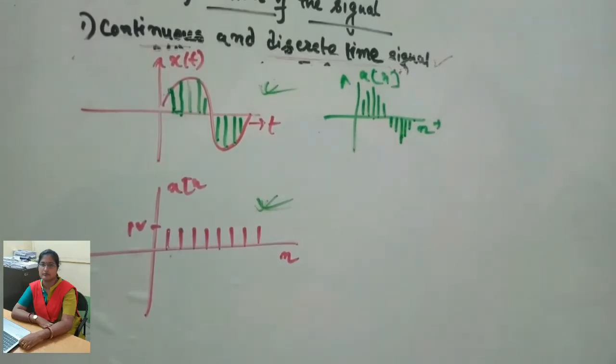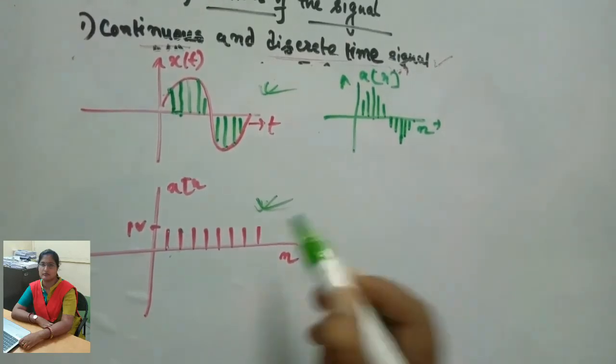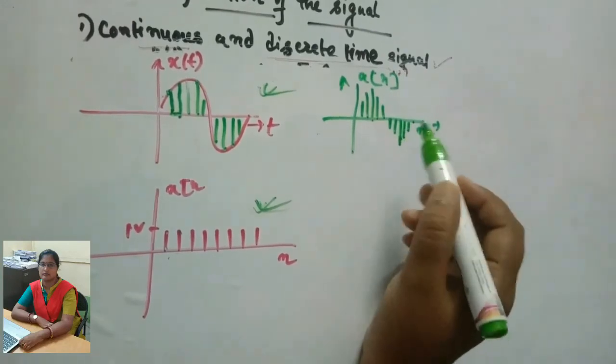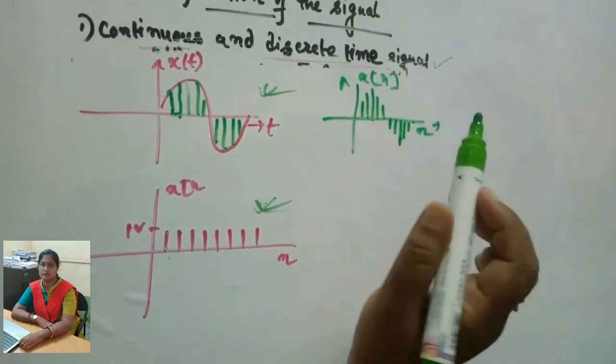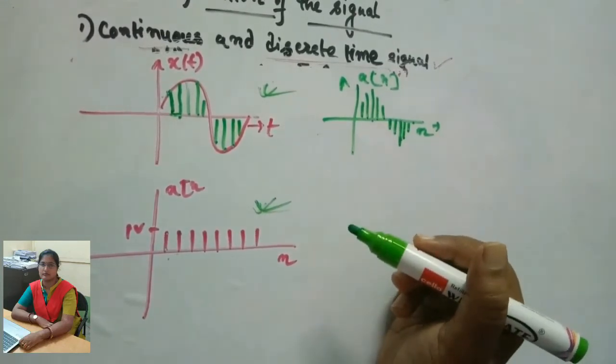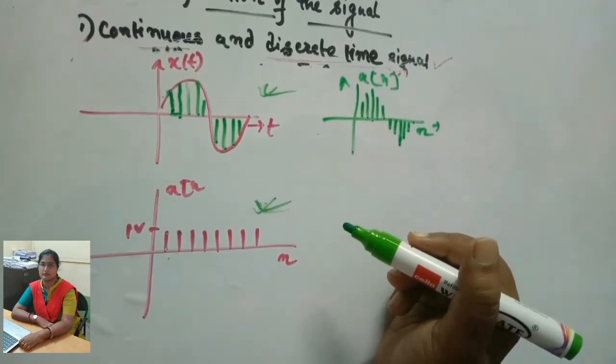In this way we can get a discrete time signal, and if we quantize and then encode this discrete time signal, it will convert into a binary coded value or a digital signal. So the process of getting a digital signal from an analog signal consists of 3 steps.